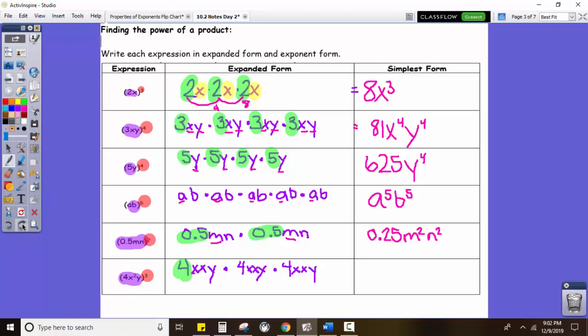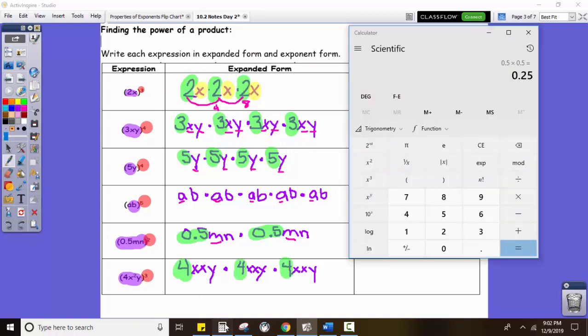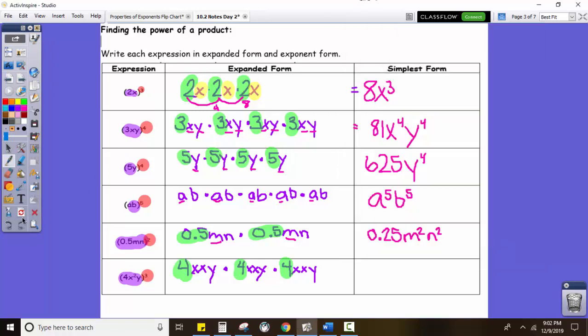Okay, then when I multiply my coefficients, I have 4 times 4 times 4. So 4 times 4 times 4 equals 64. Okay, and then for x's, I have 2, 4, 6 of them. So that's x to the 6th. And for y's, I have 1, 2, 3 of them. So y to the 3rd.